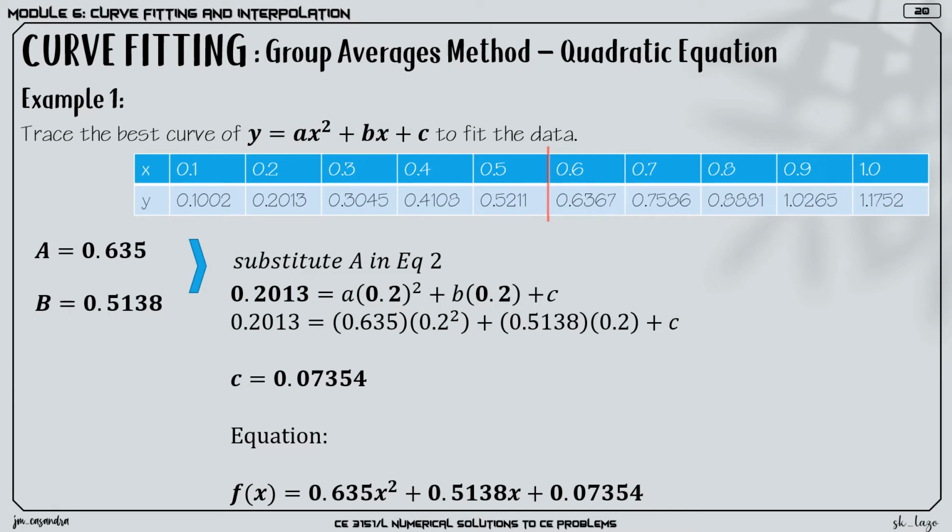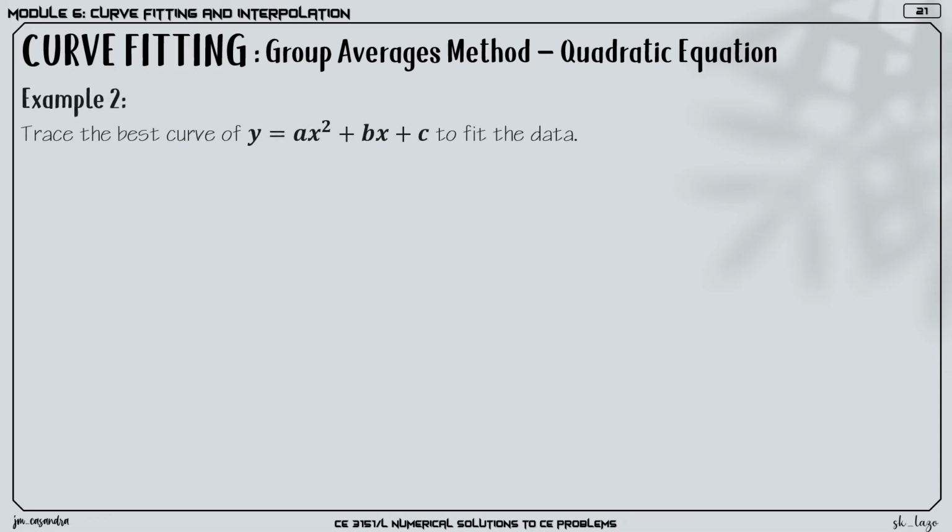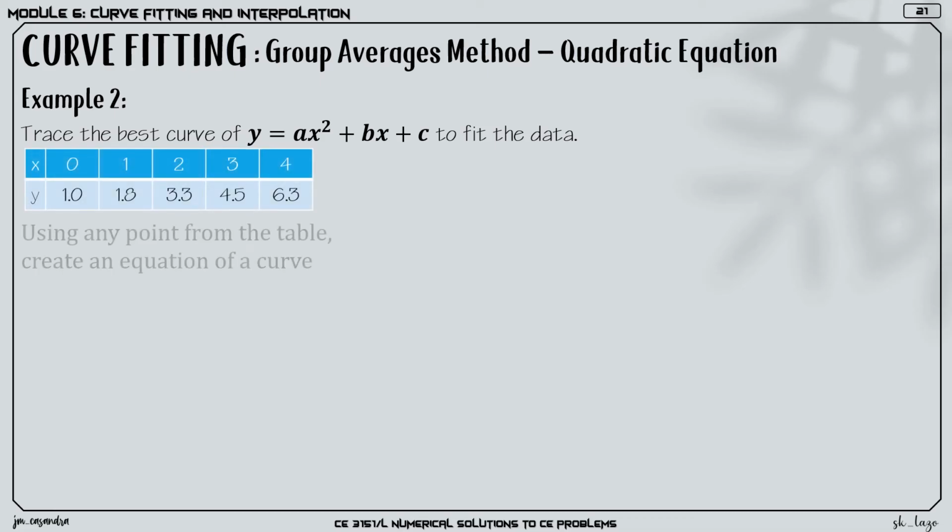So here is another example for the application of the group averages method for a quadratic equation. We determine the best curve of the equation y equal to ax squared plus bx plus c to fit the given data.